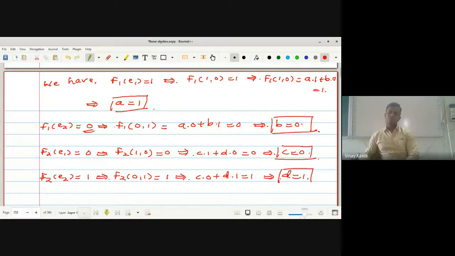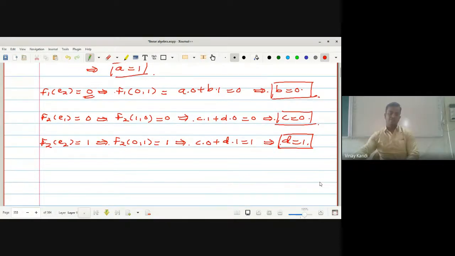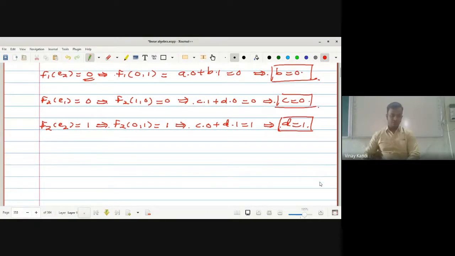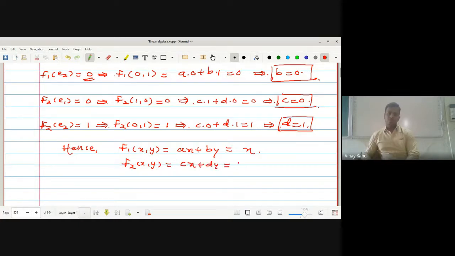Now putting the values of a, b, c, d in f1 and f2. Hence, f1 of xy is ax plus by, which is equal to x, and f2 of xy is equal to cx plus dy, which is equal to y.